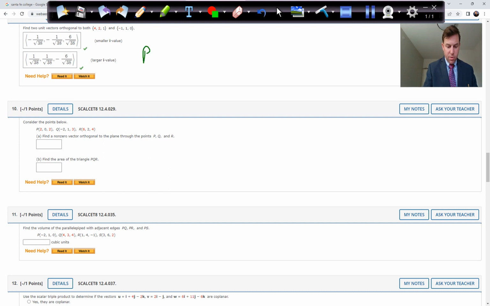So let's do PQ, which would be minus 2 from Q minus the x component of P. So basically you just subtract these 2 points, and then you subtract these 2, and then you subtract these 2, and we'll get a vector. So it's minus 2, 1 minus 0, and 3 minus 2.